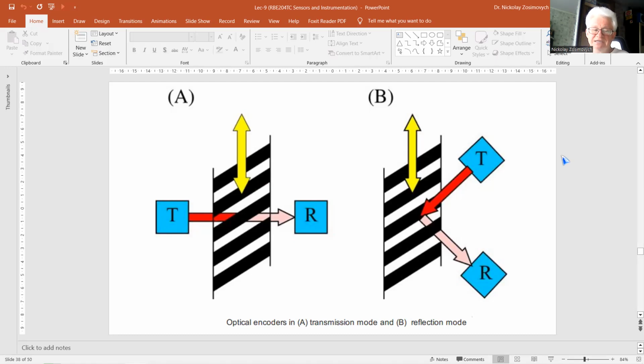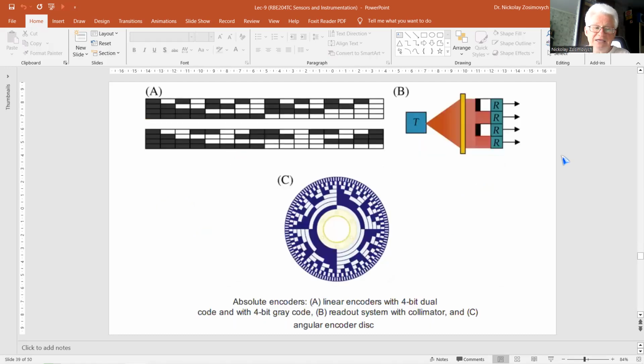Special integrated circuits, including photodiodes and built-in compensation, have been developed to maintain the performance also with high-resolution encoded disks. The nature of binary code is polystropic, which means that two or more code bits may change for a one-LSB displacement. See the linear encoder in figure A on the upper track.